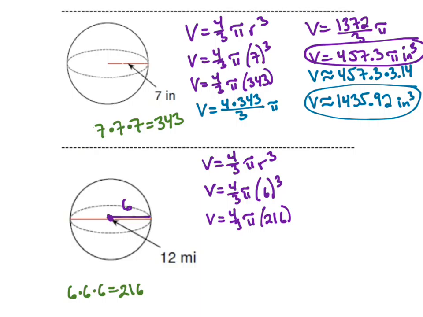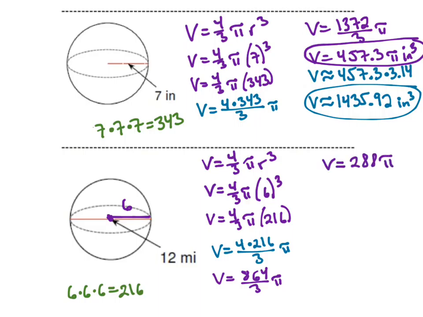Now, again, what I'm going to do is multiply 4 times that number and then divide it by 3. So I'll rewrite it. Volume equals 4 times 216 over 3 times pi. And now I just need to do the math on that. Volume equals 864 divided by 3 times pi. Notice I take it one step at a time because that way I'm less likely to make mistakes.